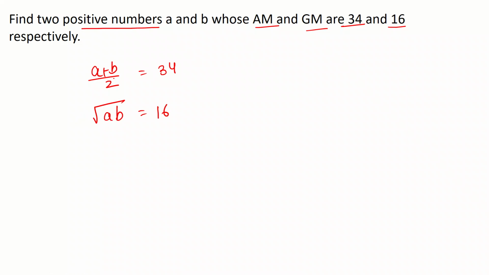Okay, so now we have to solve these. We have a plus b is equal to 68 and root ab is equal to 16. Let's multiply both of these sides by 2. So it's 2 into root ab and 2 into 16.